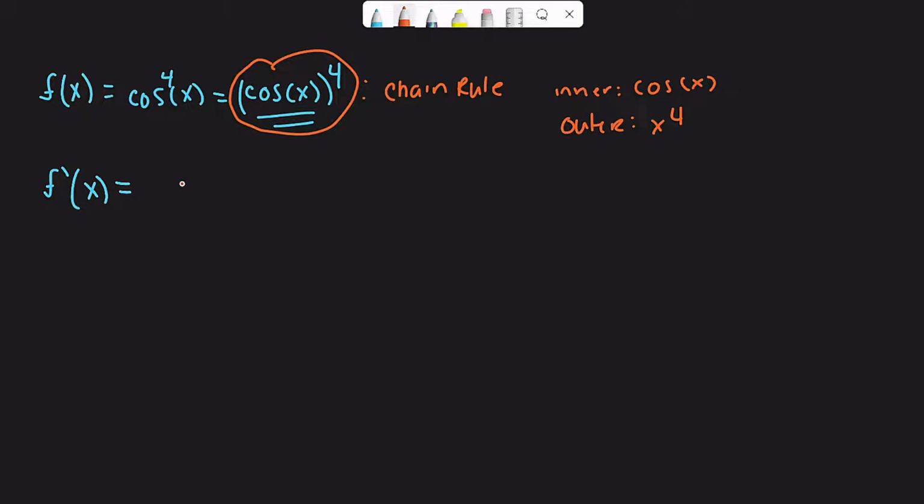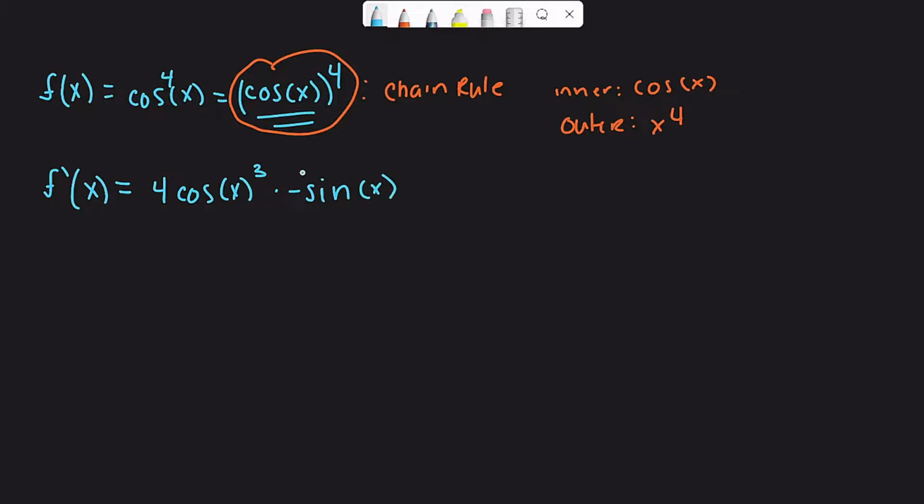And so if we just apply our chain rule properties, we get 4 cosine of x to the third power times the derivative of the inner function, so cosine of x, which is negative sine of x.